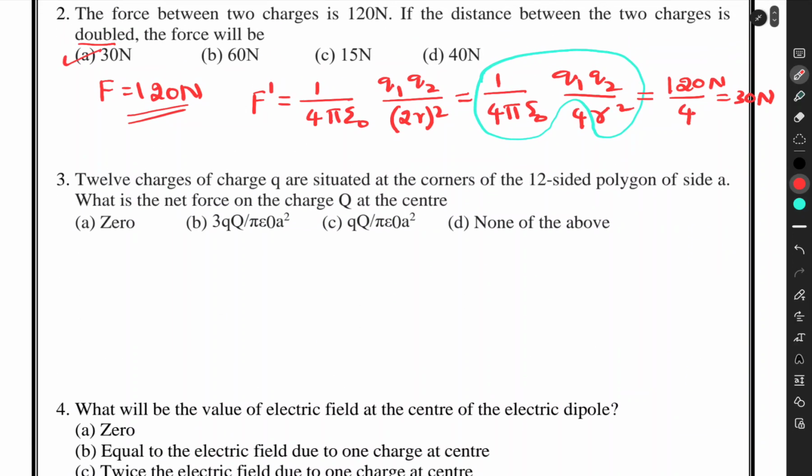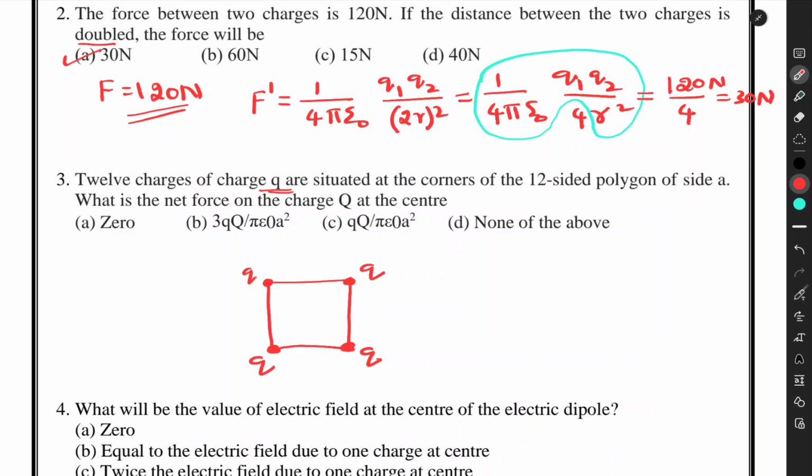12 charges are placed at the corners of a 12 sided polygon, and each charge has value q. What is the net force acting on the charge q at the center? See, if I consider an example simpler than this, let me consider a square. Here there is a charge, here one more charge, here one more charge, and here one more charge.